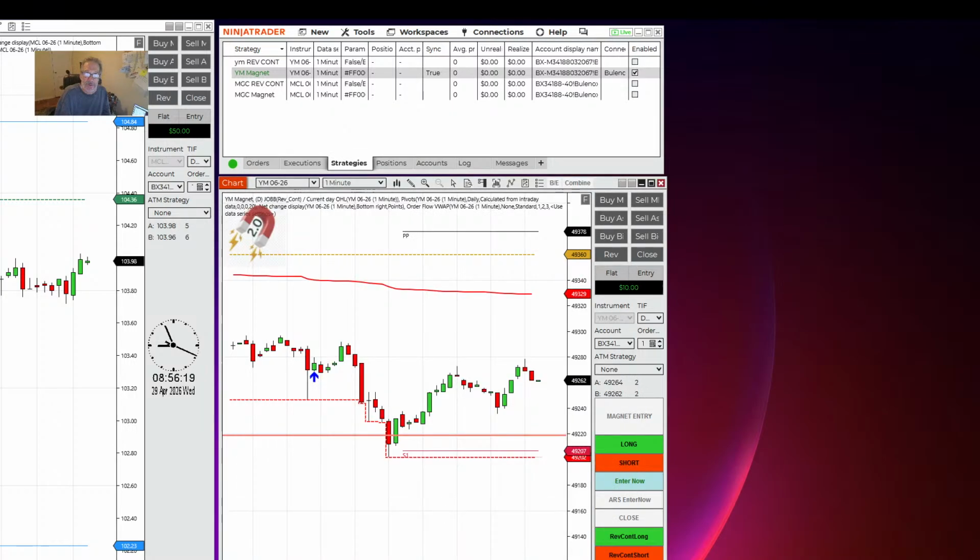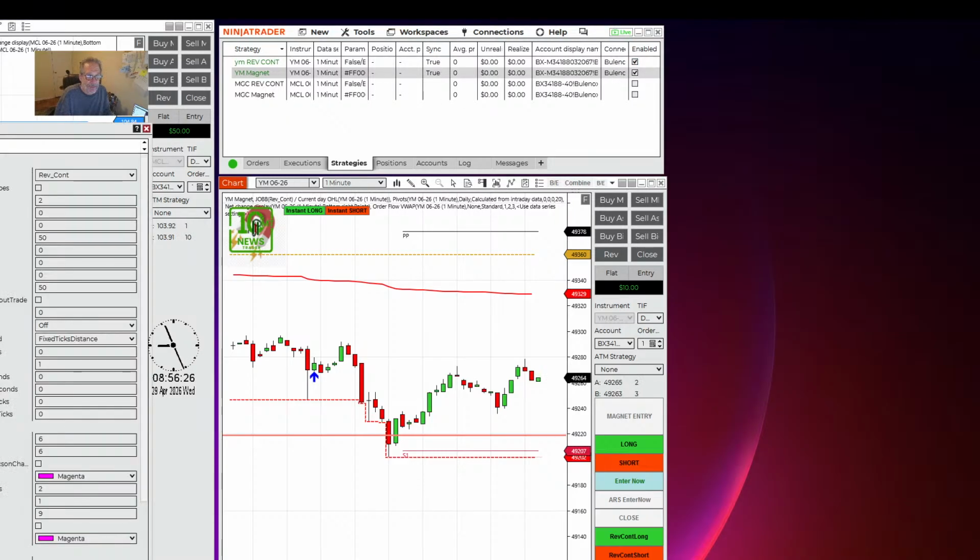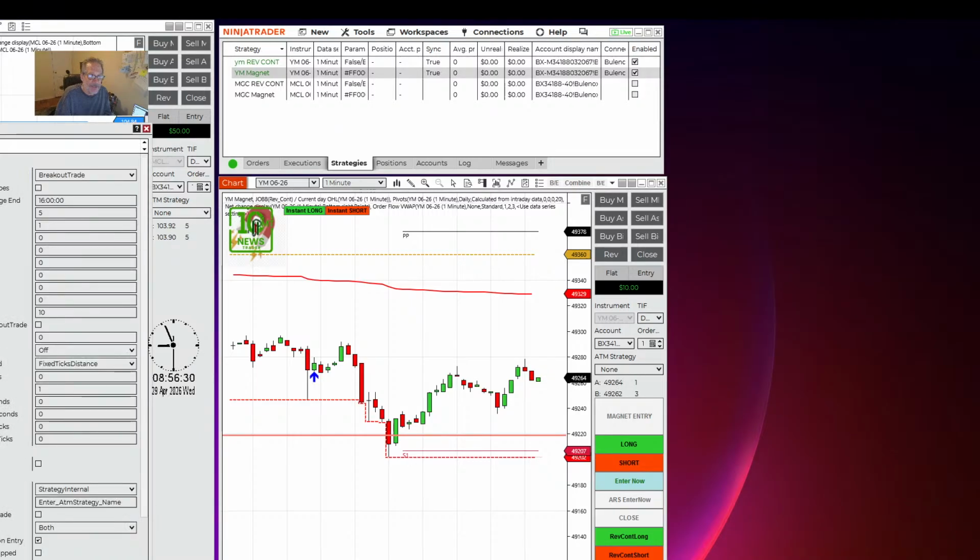So first things first. We're on micro oil. Let's set up our breakout. I'll do it manually because I can do it faster manually. The open is 8:59:58. All right, it's a 9 o'clock open.